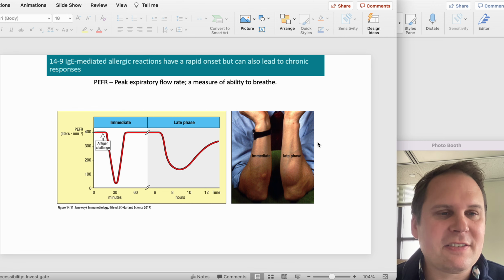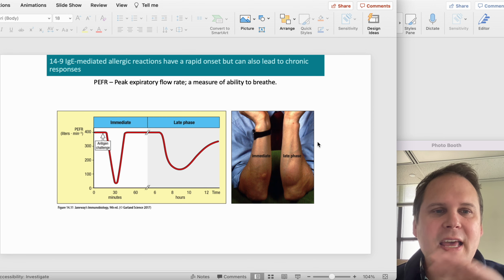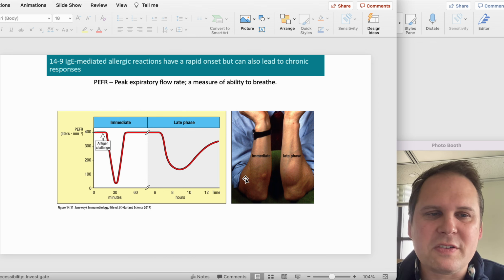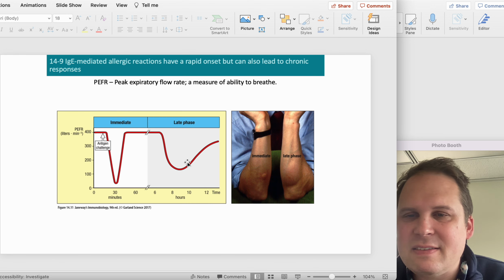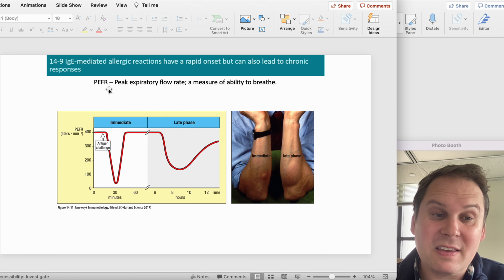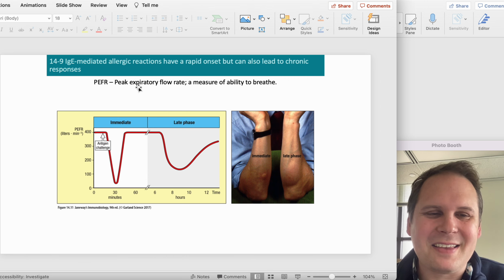All right. So what's all this do? Well, you'll actually have a multi-layered response. So even at the same site, you can have an immediate response, which is a short, sharp swelling, for example, versus a late response, which is a massive, wider swelling. Here we can see this is measuring the peak expiratory, breathing out, flow rate.